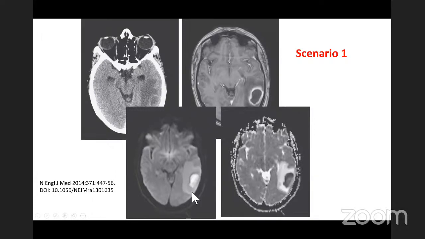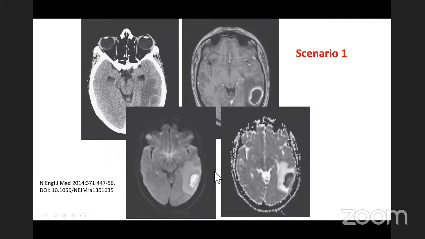In diffusion sequences, there is stark and intense diffusion restriction of the lesion, which is suggestive of inflammatory or cytotoxic edema, and the negative image shows a blackening of the brightness that we have observed in the diffusion. So this is again suggestive that this is true diffusion restriction, and not anything artifactual or T2 shine through, which we commonly call. So this is all suggestive of a pyogenic abscess.